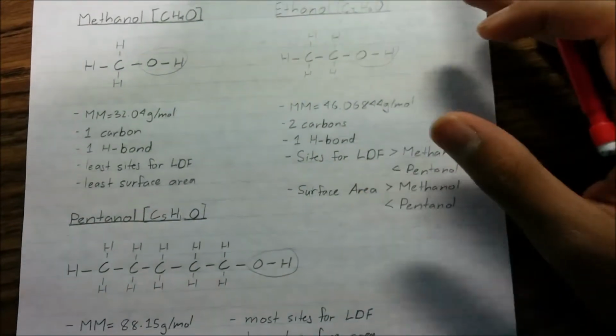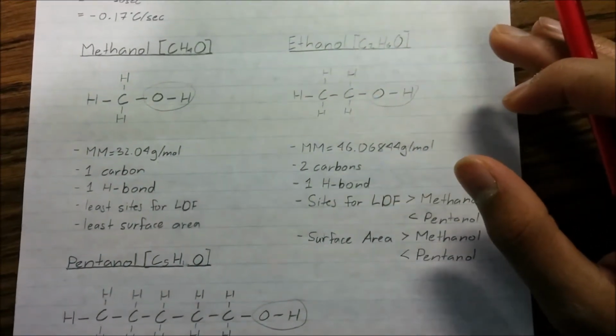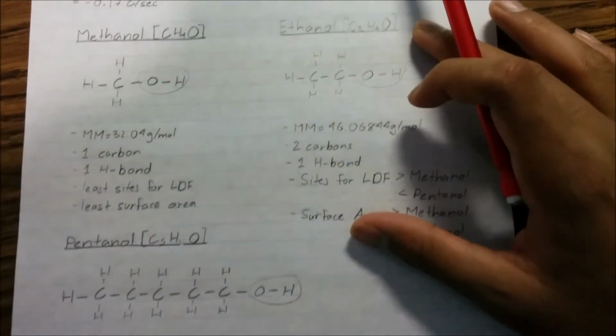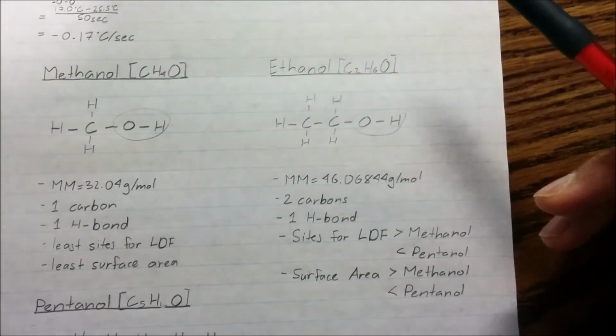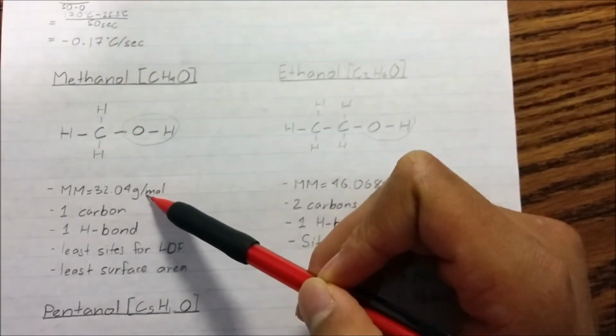Now, if we were to actually look into the structure of the alcohols, ethanol, methanol, and pentanol, the results would make sense. The structure of methanol is the smallest of the three, with the smallest molar mass at 32.04 grams per mole.